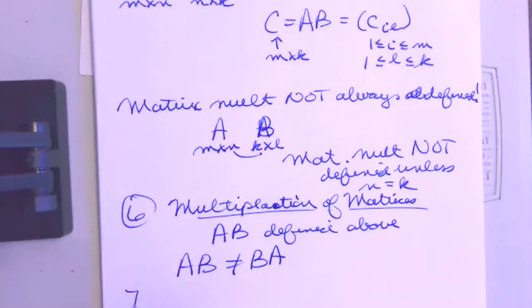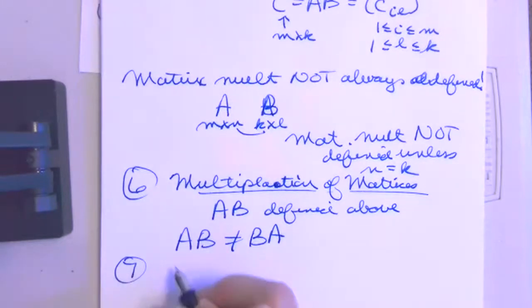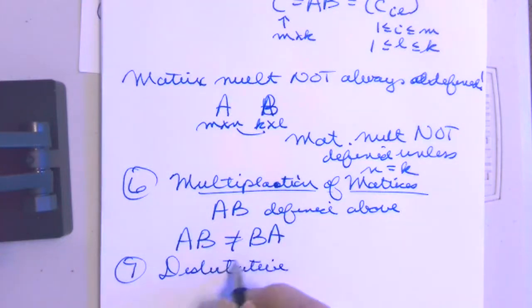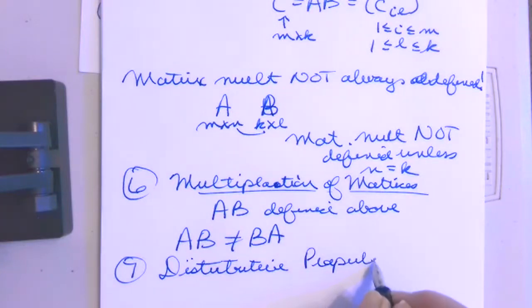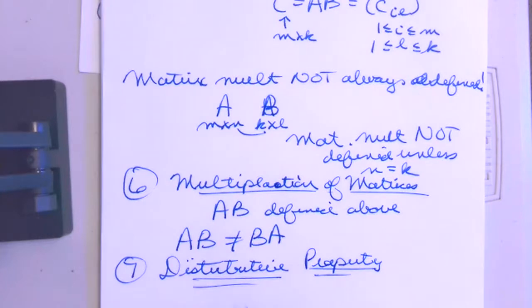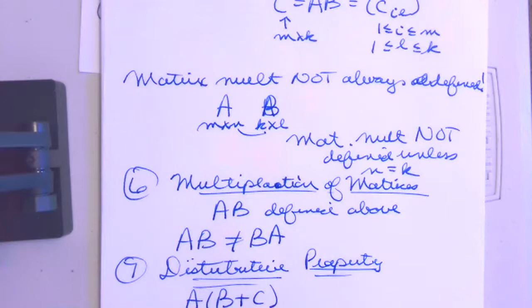And finally, the last algebraic property before we do an example is the distributive property. What it says is that if everything is defined, so if the addition is defined and the matrix multiplication is defined, then multiplication distributes over addition, respecting the right and left hand.